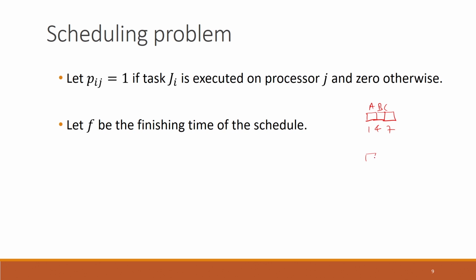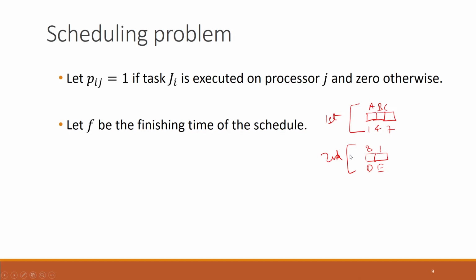Similarly, we have another set of tasks D and E. They are executed on another processor, maybe this one takes time 8 and this one takes 1 unit. So this set of tasks is being run on the first processor and this set of tasks will be executed on the second processor.